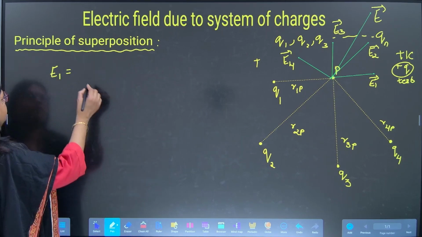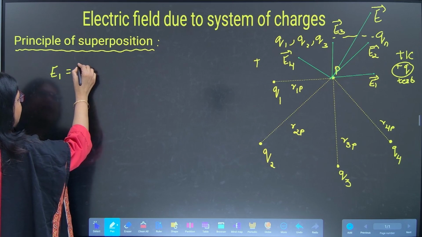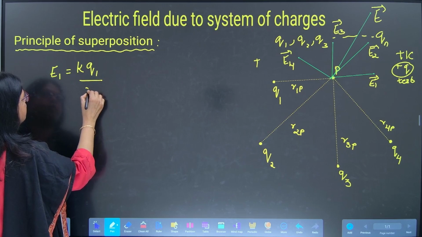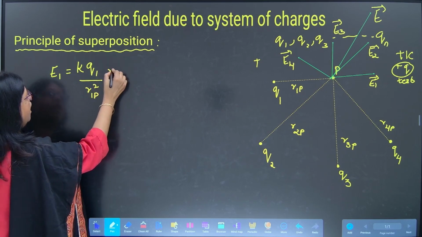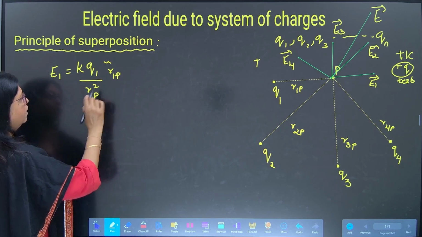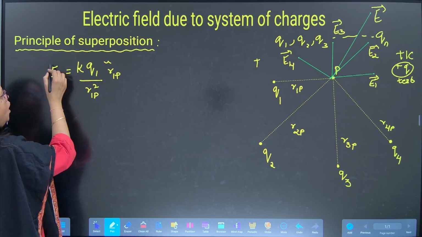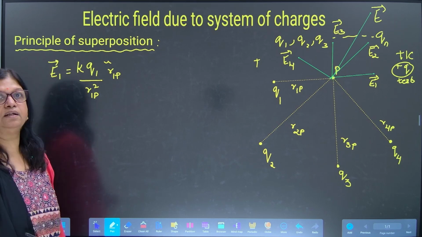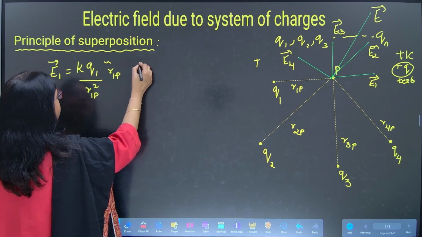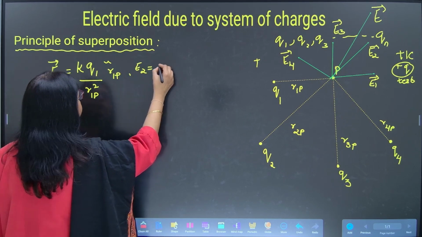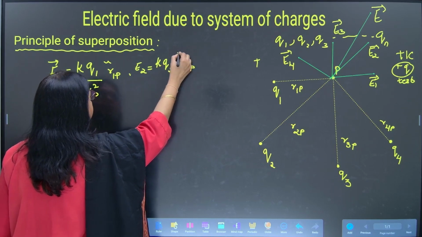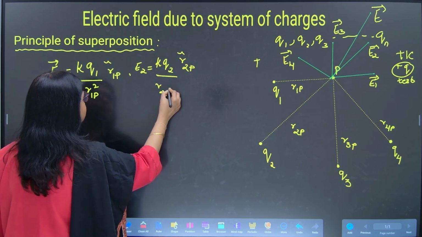So for E1 we will write K Q1 upon R1P square, R1P cap, where R1P is the distance between Q1 and P and R1P cap is the direction of the vector E1 from Q1 to the point P. Similarly, E2 is equal to K Q2 upon R2P square, R2P cap.